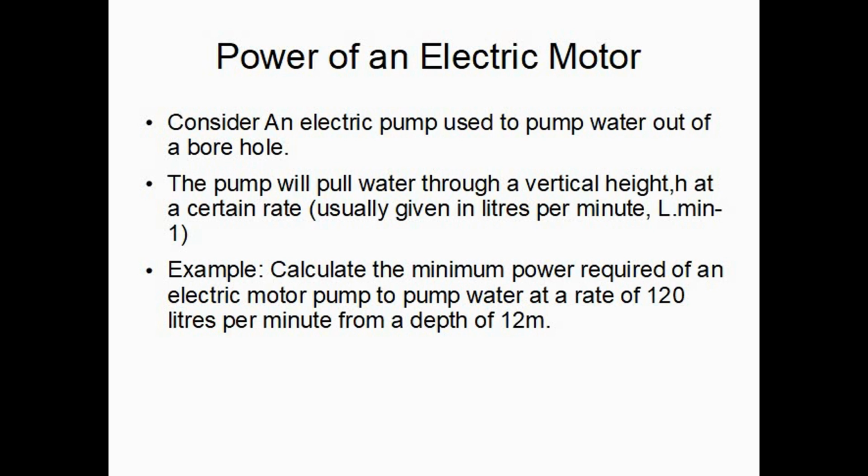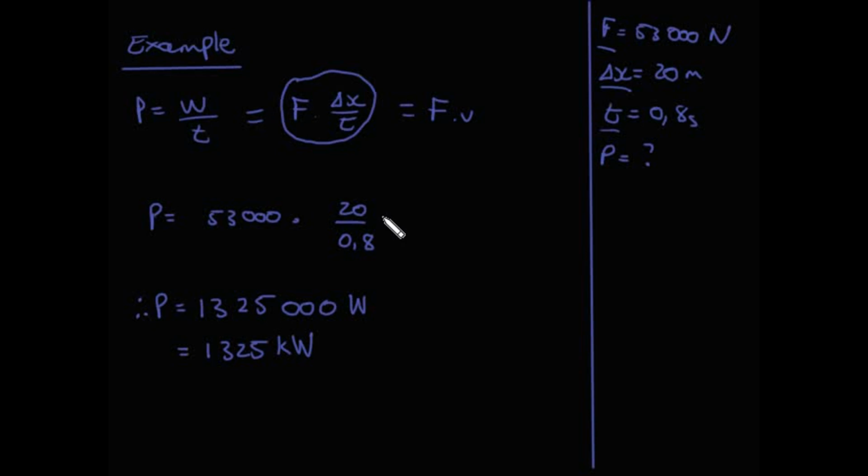So the pump will pull water through a vertical height h at a certain rate, and this is usually given in liters per minute, which is L per min to the -1. I'll write that a little clearer on the screens over here.